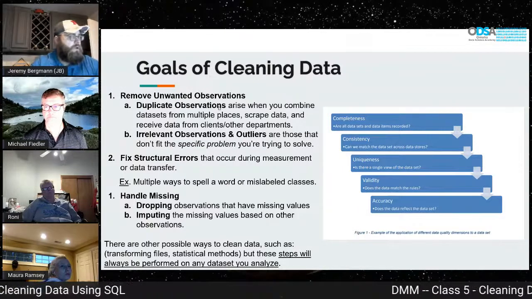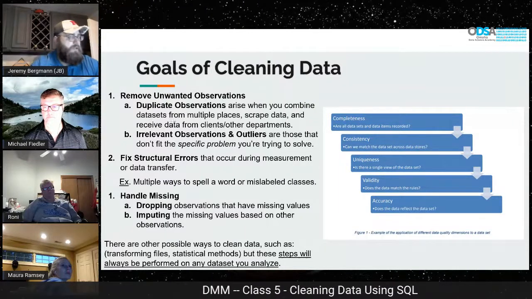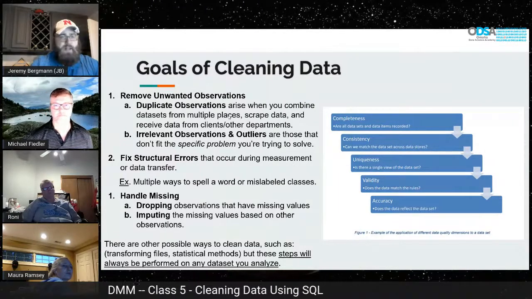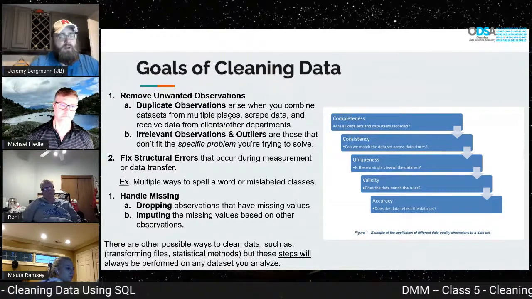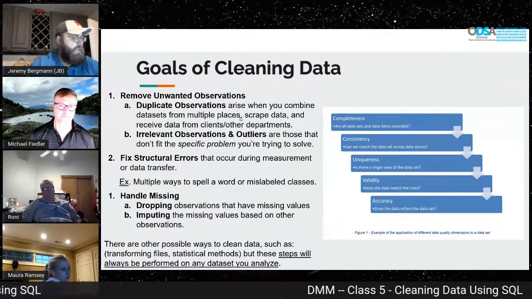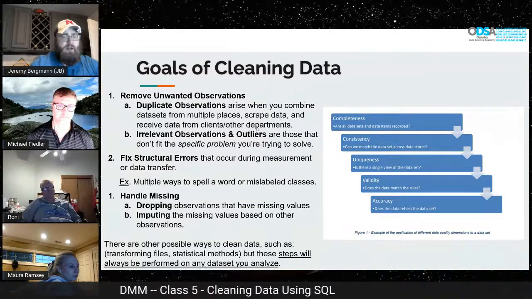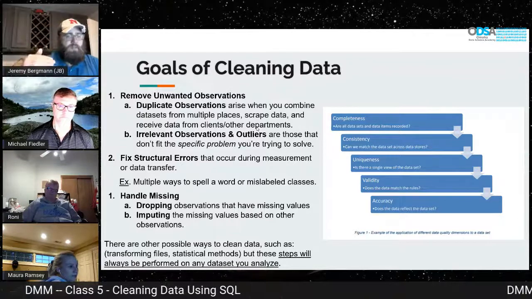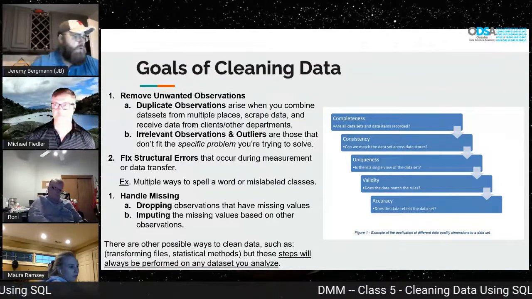You can remove those, but it sometimes arises when you combine data sets from multiple places. Maybe it has a one-to-many relationship instead of a one-to-one, so it creates multiple records because of that. If you're scraping data, I've come across this before, you'd end up scraping the same data multiple times, and you consolidate that into one record.